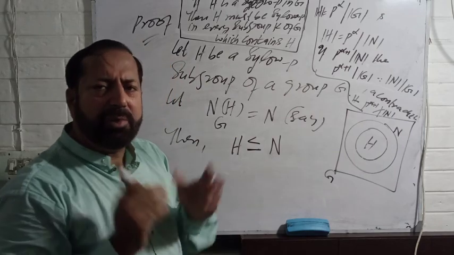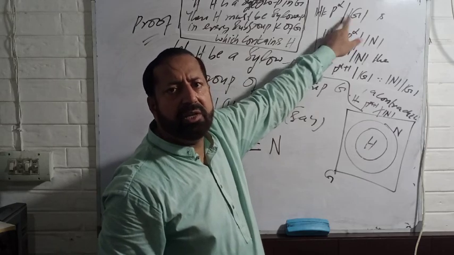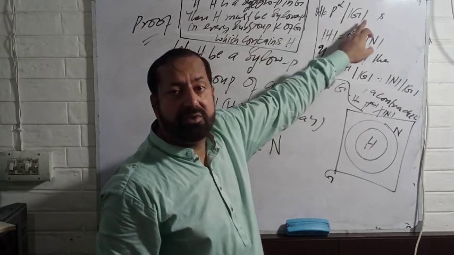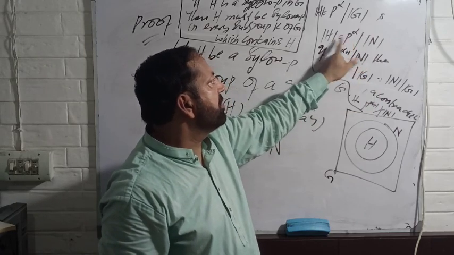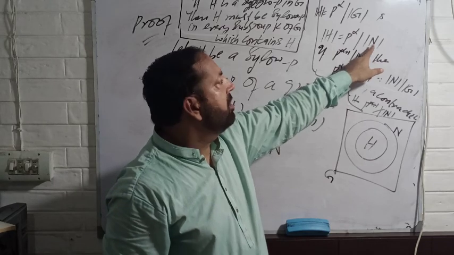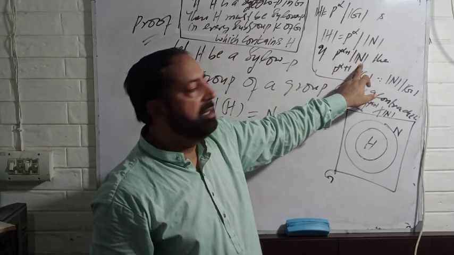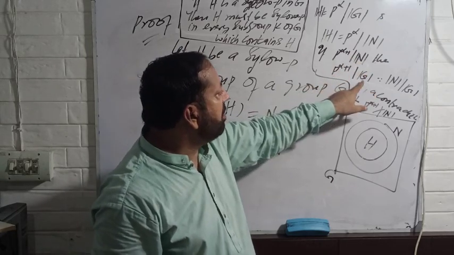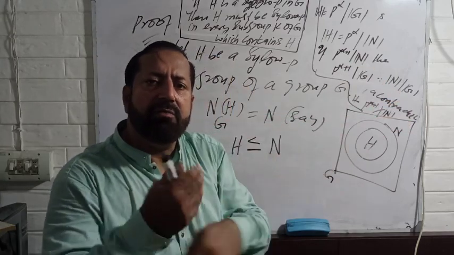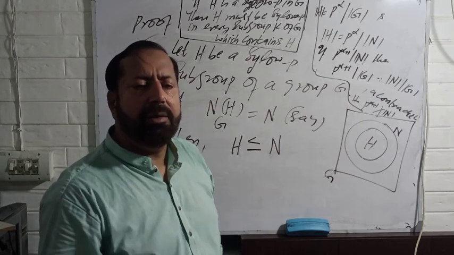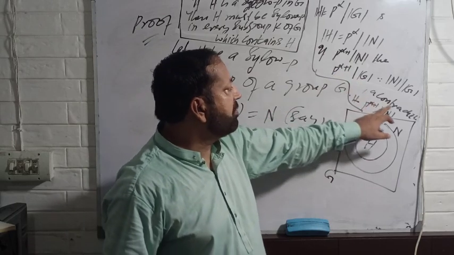It's a very simple consequence. Suppose the order of H is P power alpha, which divides the order of G. You know that if H is a Sylow P subgroup, then P power alpha plus 1 does not divide the order of G. It is clear, because H is a subgroup of N, so P power alpha divides the order of N. Now if P power alpha plus 1 divides the order of N, then of course P power alpha plus 1 must divide the order of G, since the order of N divides the order of G, and transitivity is satisfied in divisibility: if A divides B and B divides C, then A divides C. That's why P power alpha plus 1 would divide the order of G, which would be a contradiction.